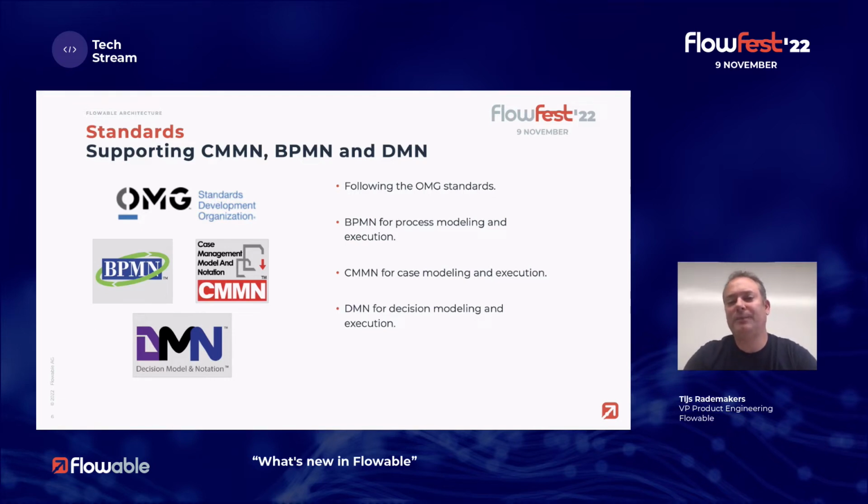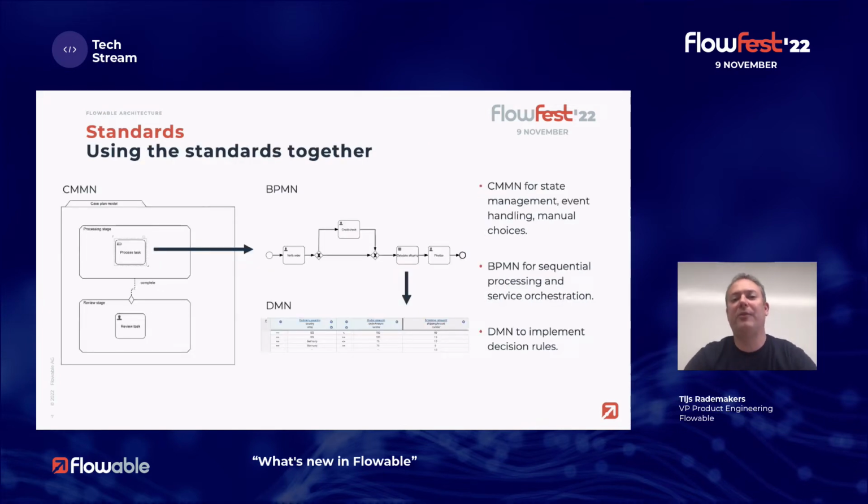So BPMN is for process modeling and execution, CMMN for case modeling and execution, and DMN for decision modeling and execution. And you can look at these standards in a distinct way. You could use CMMN separate from the other standards, so just in isolation. Same goes for BPMN, same goes for DMN. But that's actually the really strong foundation for Flowable, that we really believe in using these standards together.